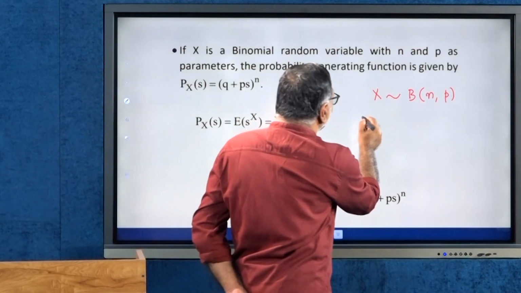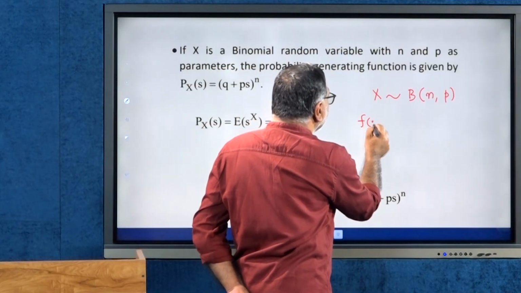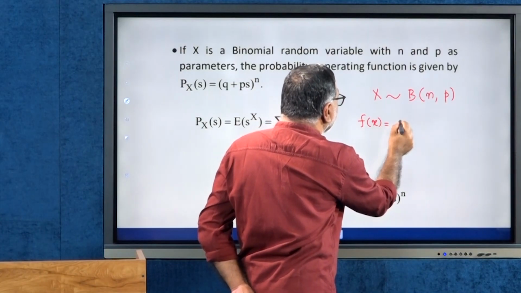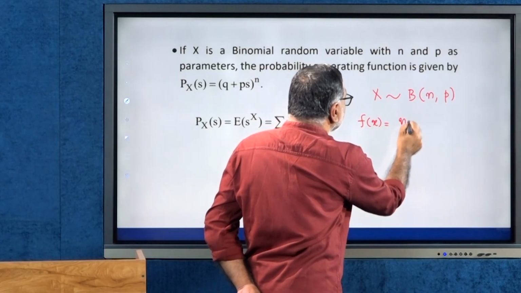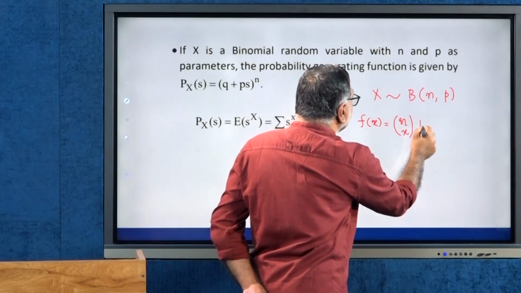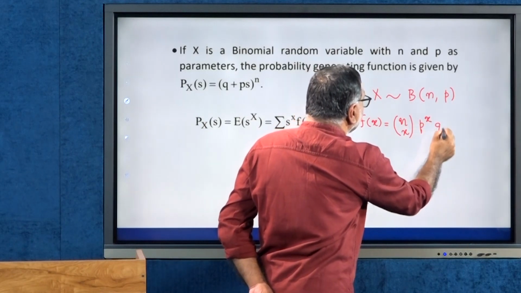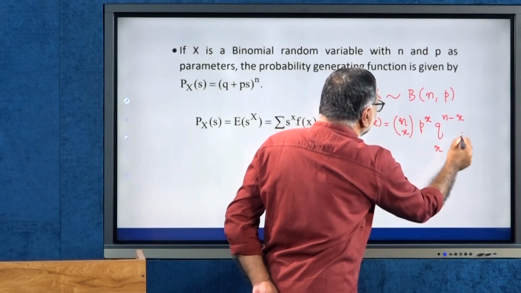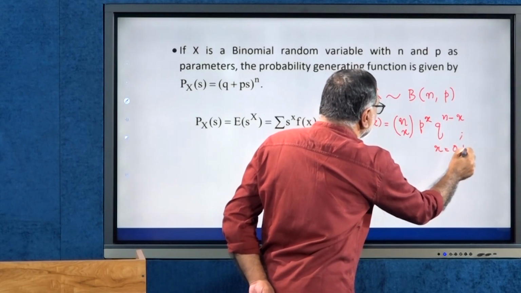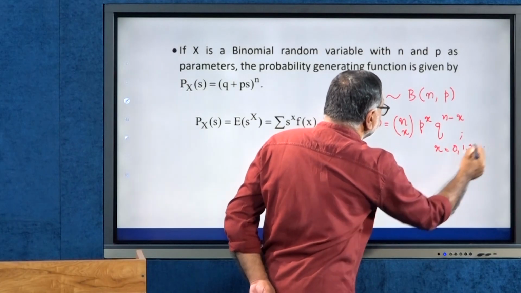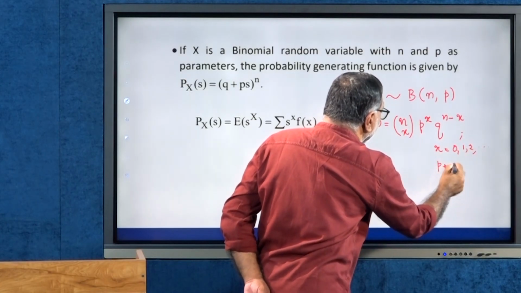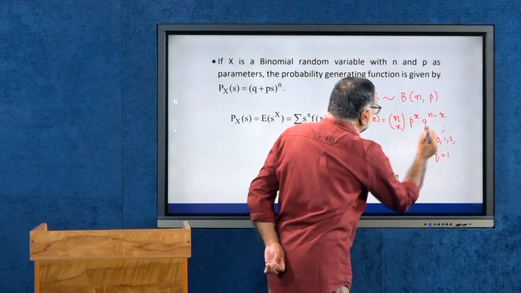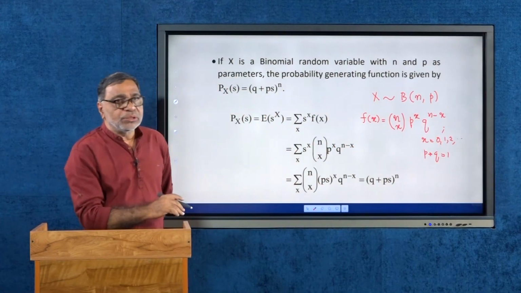Then we have obtained f(x) as n C x p power x q power n minus x, where x is equal to 0, 1, 2, etc., up to n, and p plus q is equal to 1. So this is our binomial probability mass function.